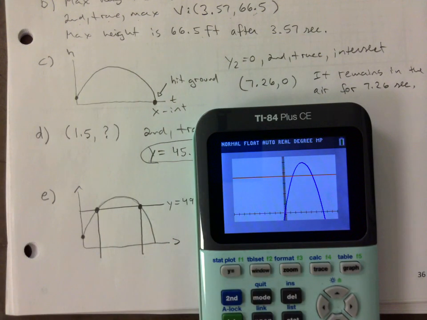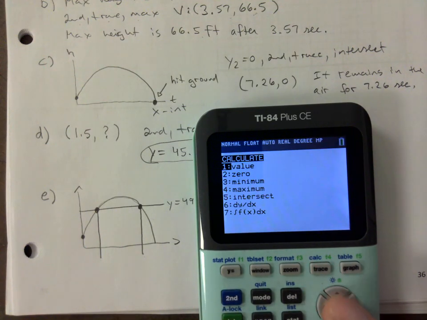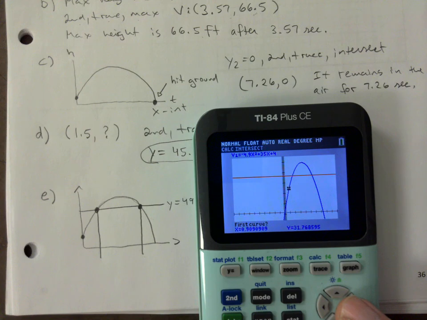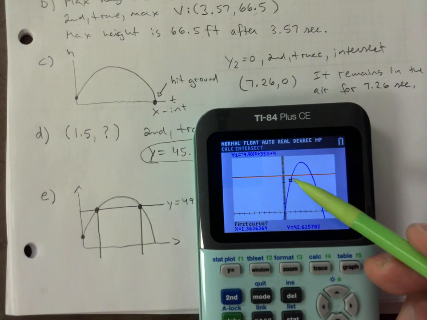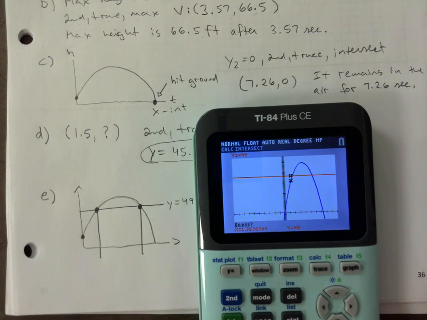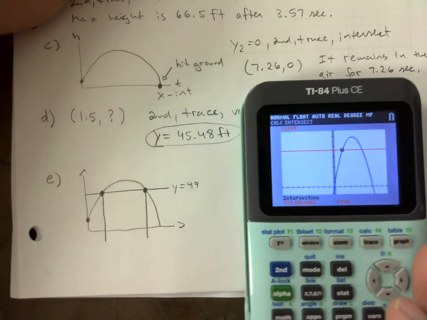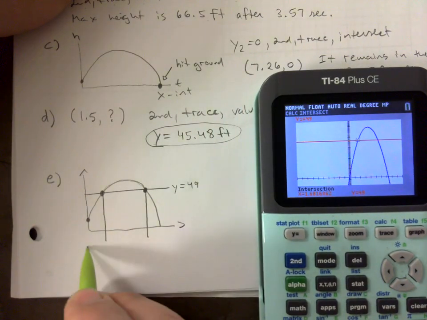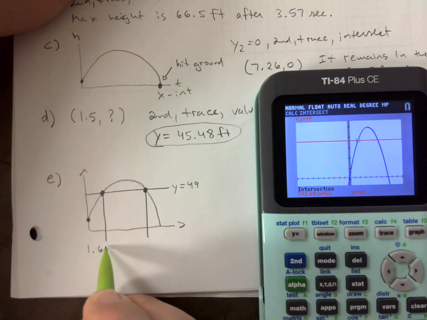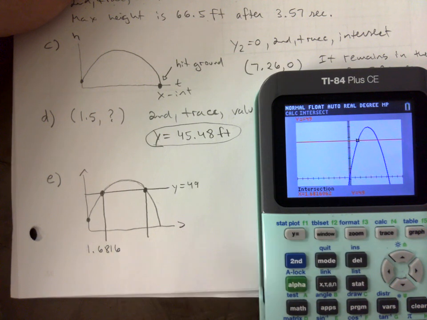Okay, so let's go ahead and do that. How would we do that? Second trace, intersect. Yes. So we're going to find the intersection the first time the ball gets to 49 feet. But watch this. How many decimals do you think I'll write down? We're not done yet, right? So I'm going to write down 4 decimals, because that's not the answer yet. We want to get to it.